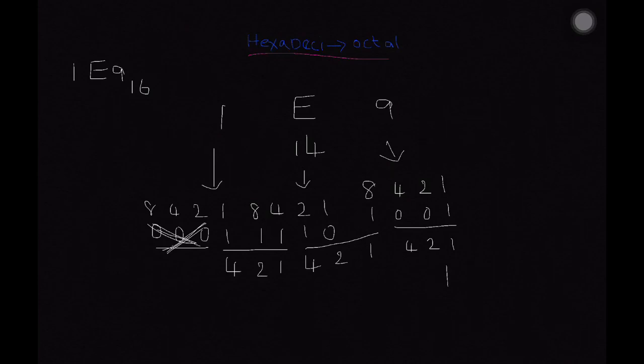Here 1, here 4 plus 1, 5, here 4 plus 2 plus 1, 7. 751 to the base 8. This is the method how to convert from hexadecimal to octal.